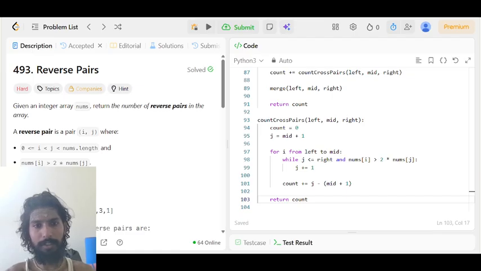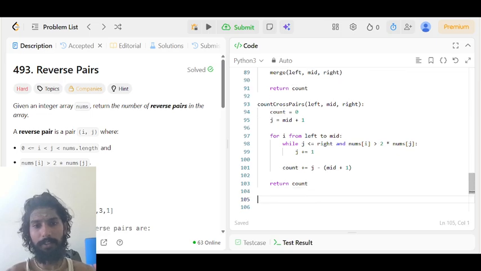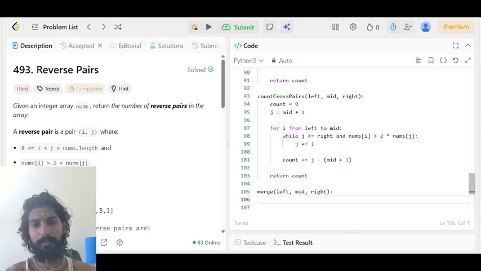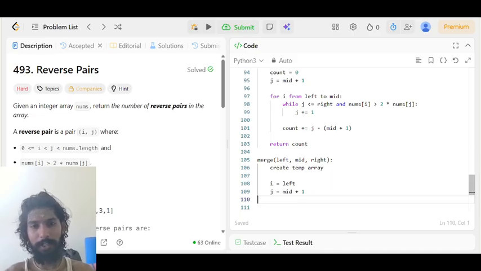Now we merge the left and right halves. It takes three parameters: the first index of the left half, the last index of the left half, and the last index of the right half. So we create a temp array. Then we initialize i and j. i is the first index of the left half, j is the first index of the right half.